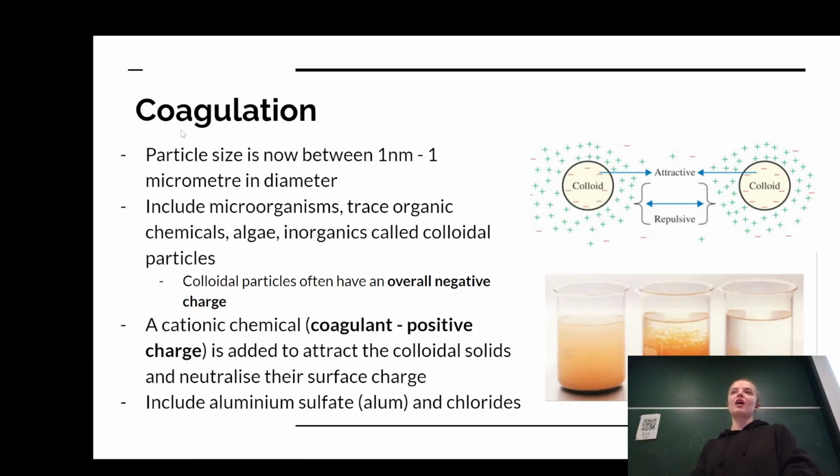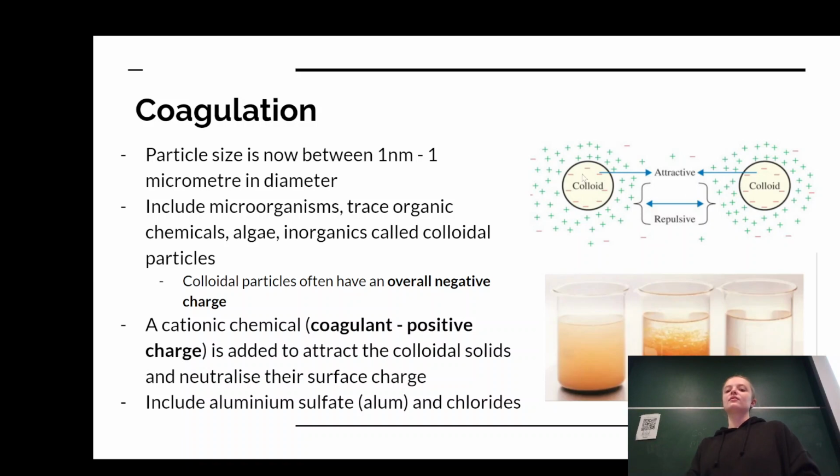So after all of your rag removal and sedimentation processes, your particle size is now between 1 nanometer and 1 micrometer in diameter, just to give you guys a bit of perspective. The particles in it can include microorganisms, trace organic chemicals, algae, and inorganics called colloid particles, and these colloidal particles often have an overall negative charge. So we see that in this diagram up here.